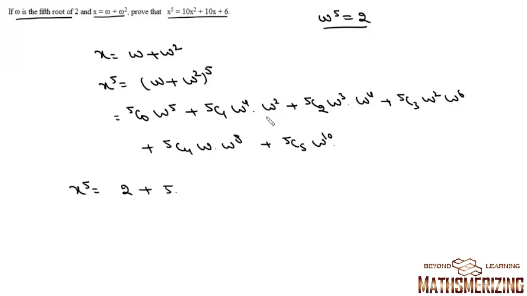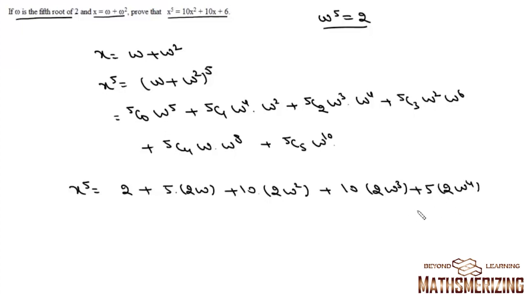Now again omega to the power 5 is 2, so it will be into 2 omega, 5c2 is 10, it will be 2 omega square plus 5c3, which is 10 into 2 omega cube plus 5, 2 into omega to the power 4 plus omega 10, which is omega to the power 5 square, and that is 4.